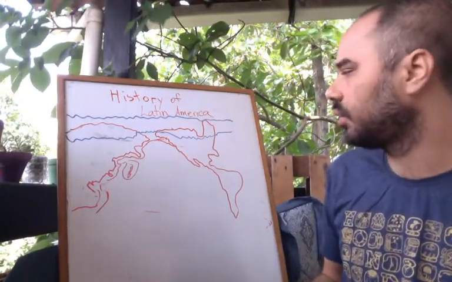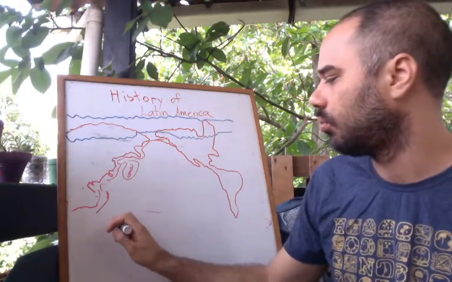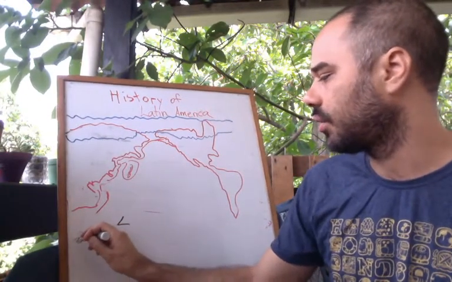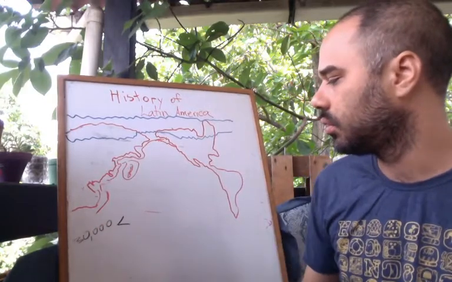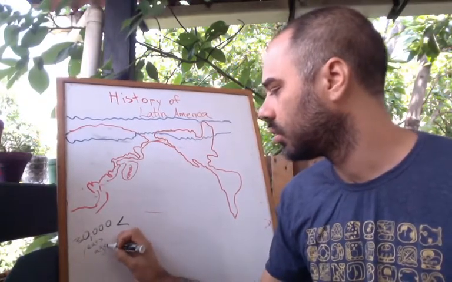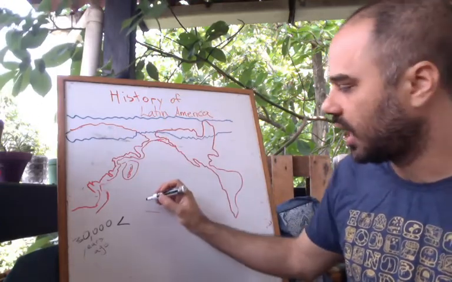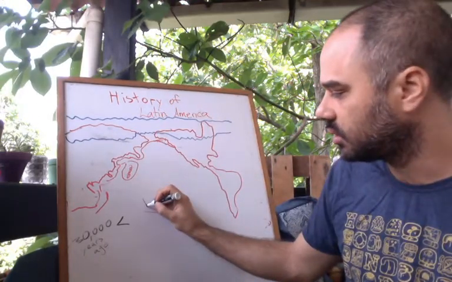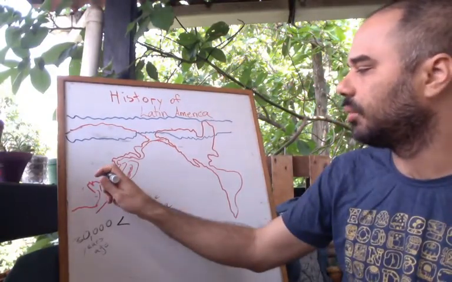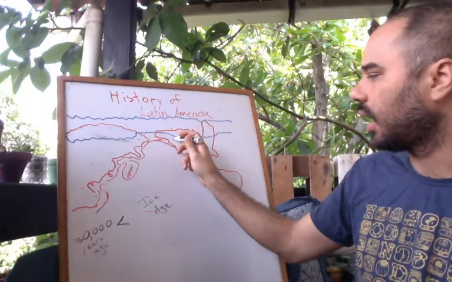Okay, so humans eventually, we're talking about 30,000 years ago or more than 30,000 years ago, there was this ice age, the last of the ice ages, which allowed humans to migrate from Asia to the Americas.